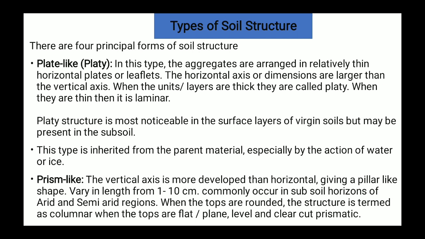When the units or layers are thick, they are called platy; when they are thin, it is laminar. Whenever most of the textural arrangement of the particles is horizontal, we can say it looks like plates.